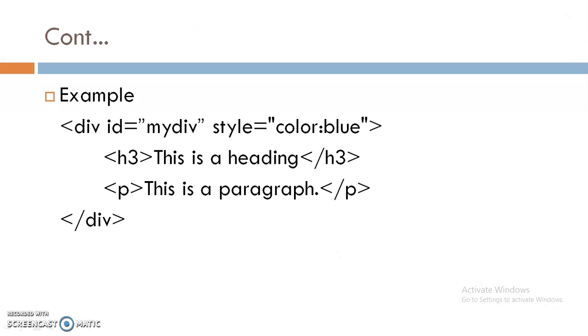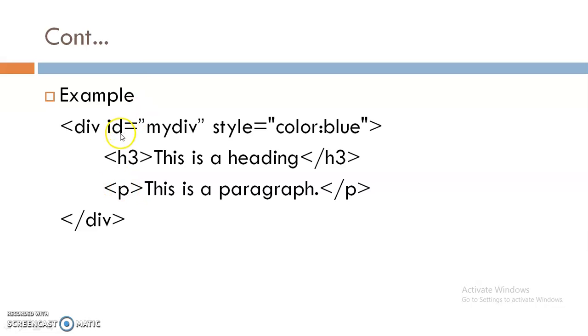Here the two tags h3 and p are written between div and /div because I want the same color blue in both tags. So there is no need to write the same coding for both h3 and p.